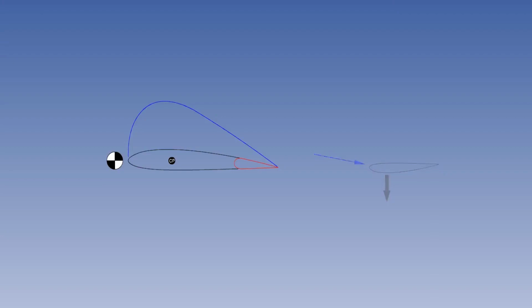First, we will consider movement of the CP. Only the top surface pressure distribution will be shown. As the flaps deploy, there is a general increase of suction on the top surface, but there is also an increased acceleration of the airflow in the vicinity of the flap hinge.